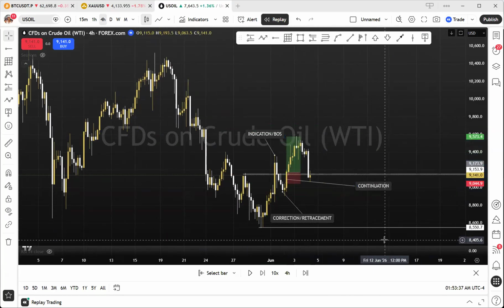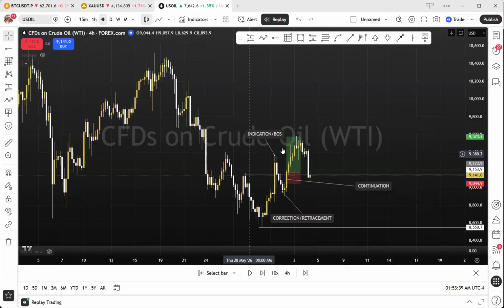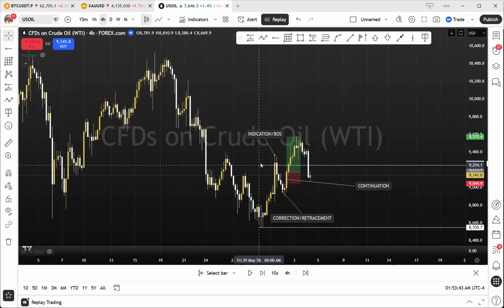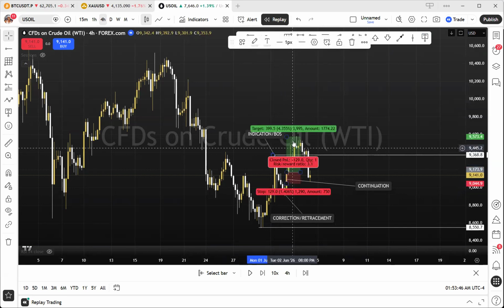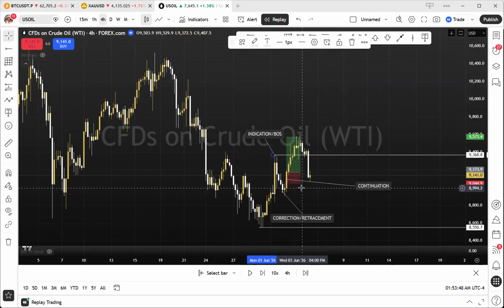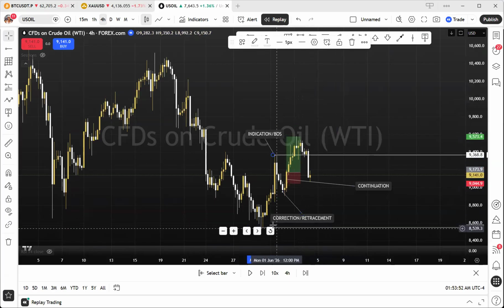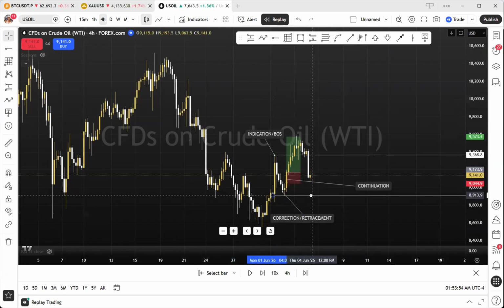Okay, so we have a new indication here. It's broke to the upside. So we only get in when price breaks with the body above here. Right? And this would be our low.